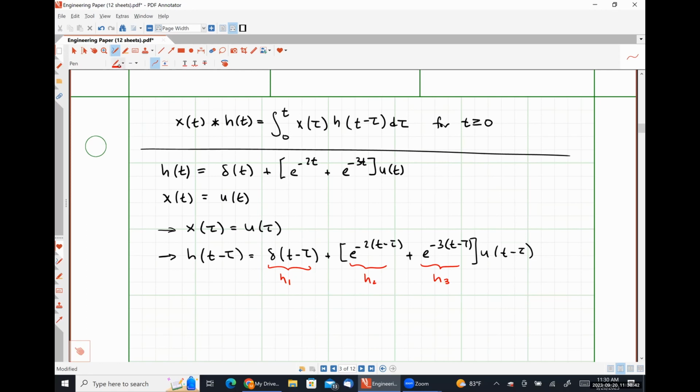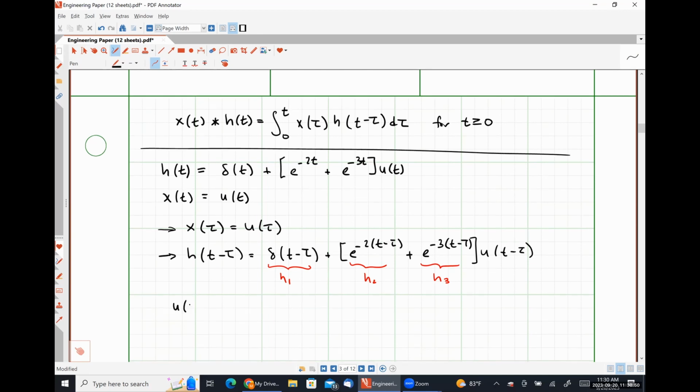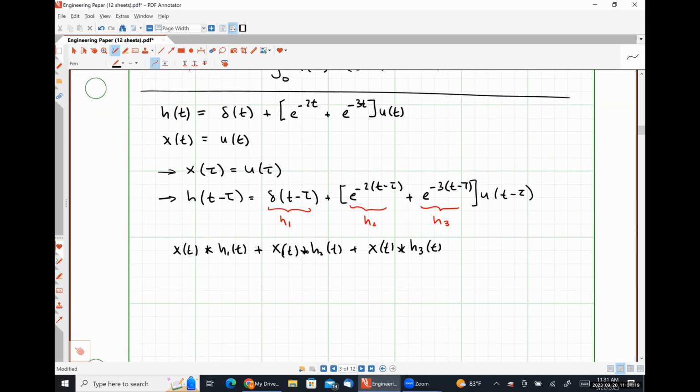So what I'm going to have effectively is x of t convolved with H1 of t plus x of t convolved with H2 of t plus x of t convolved with H3 of t, right?